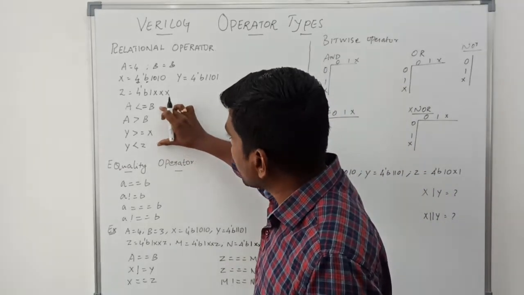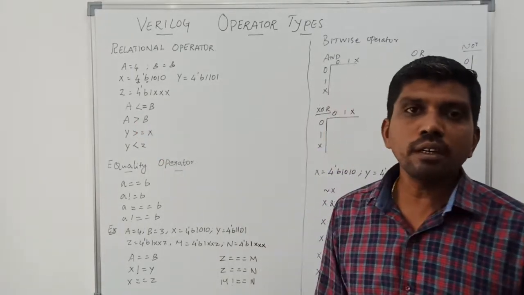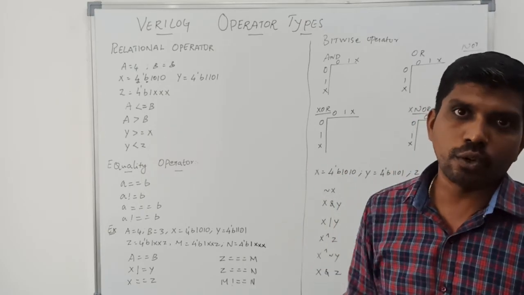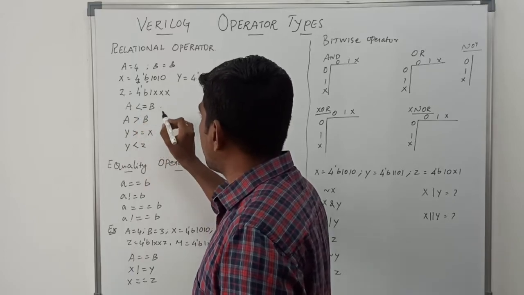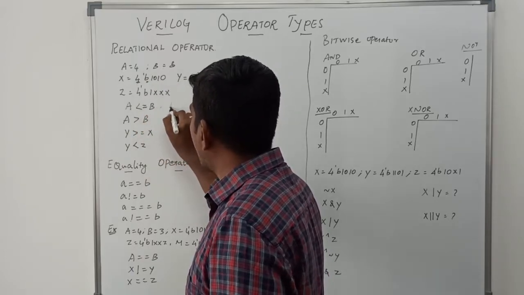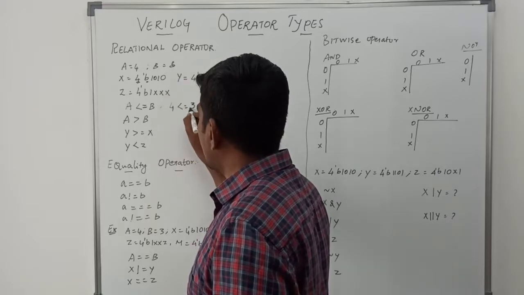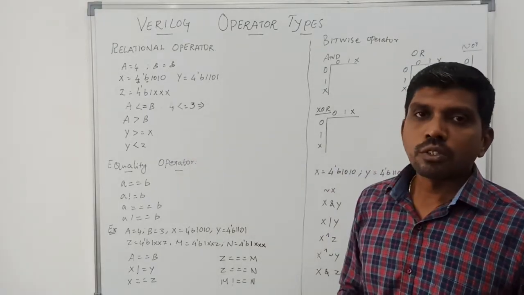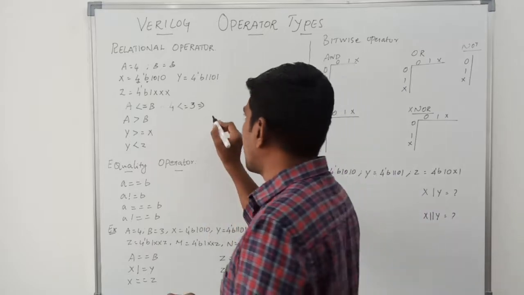So here there are 4 cases. The first case is A less than or equal to B. Operand A value is 4, operand B value is 3, so this condition is false. If the condition is false, it produces logical 0 output.